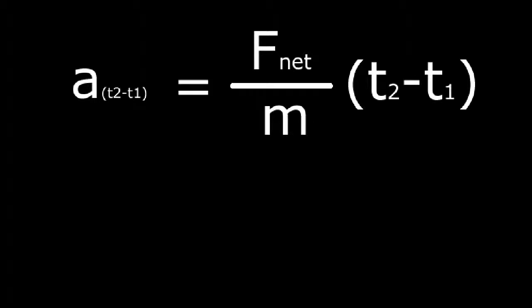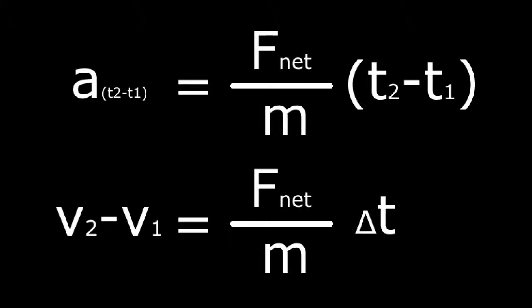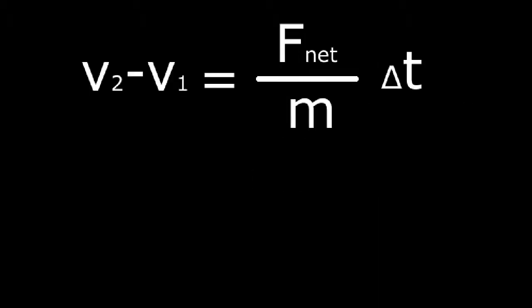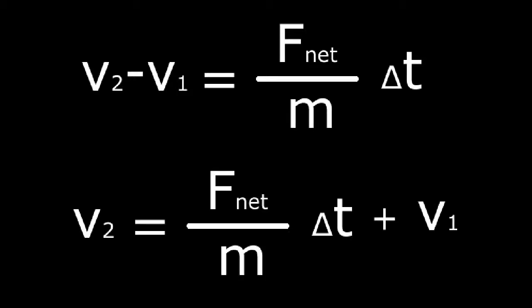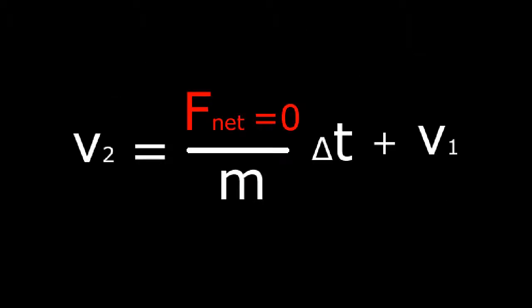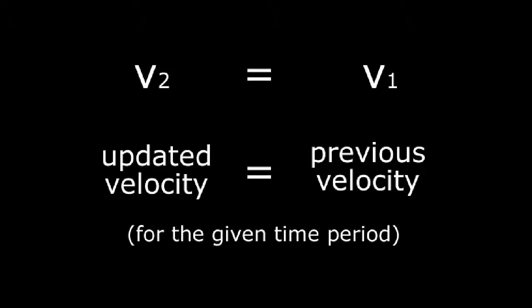Again, we take the equation shown earlier and manipulate it to give us the form we require. And as the net force is assumed to be zero, we see that the updated velocity is equal to the previous velocity for the given time period.